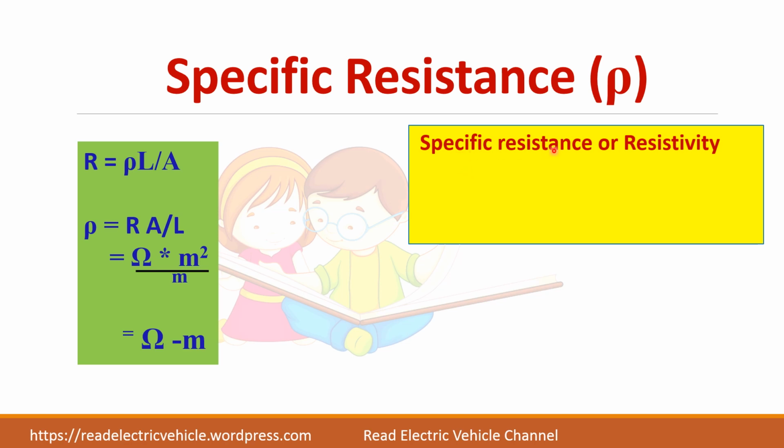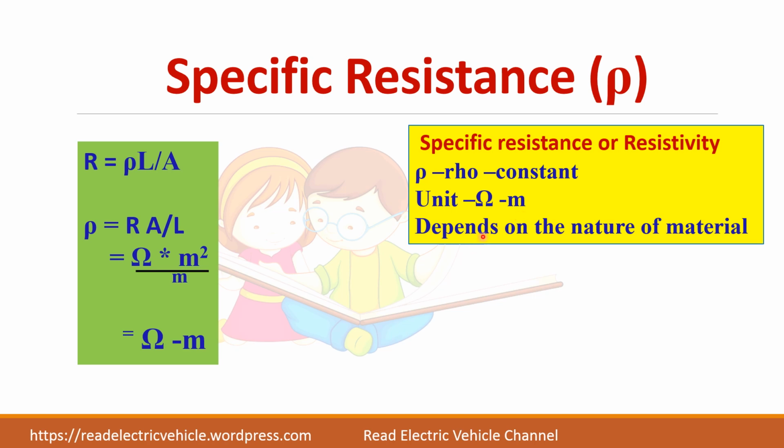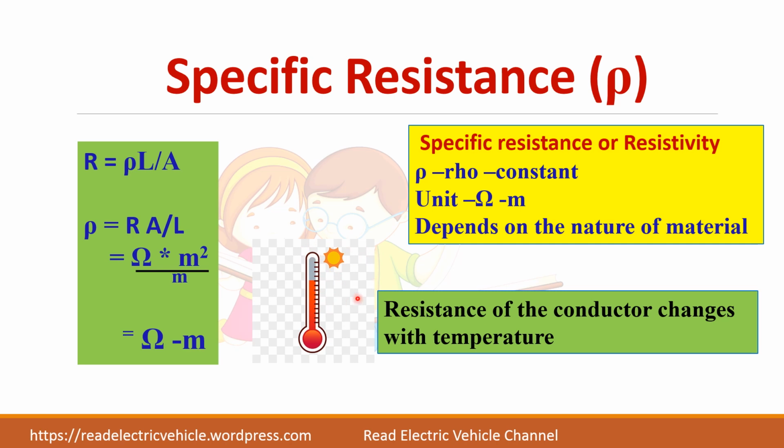So the specific resistance or resistivity of any material, rho, is a constant for one particular material and its unit is ohm meter, and it depends upon the nature of the material. In addition to these three parameters, the resistance also depends upon the temperature. So as the temperature changes, in some materials the resistance will change.